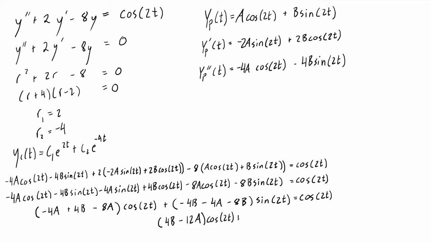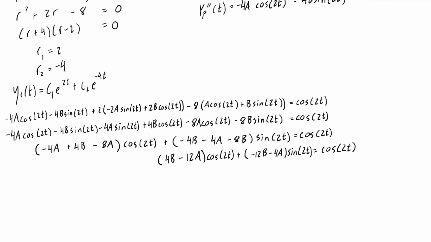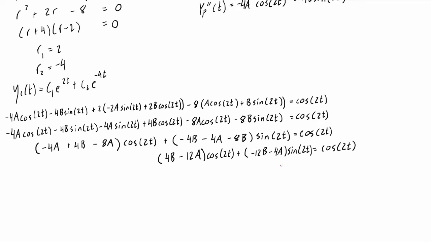Now, for the left-hand side of this equation to equal the right-hand side, let's take a look at what we have. We have something times cos of 2t and something times sine of 2t on the left, and on the right we just have a cos 2t and no sine. So what that indicates is that the thing multiplied by the sine has to equal 0 because it's not showing up on the right-hand side.